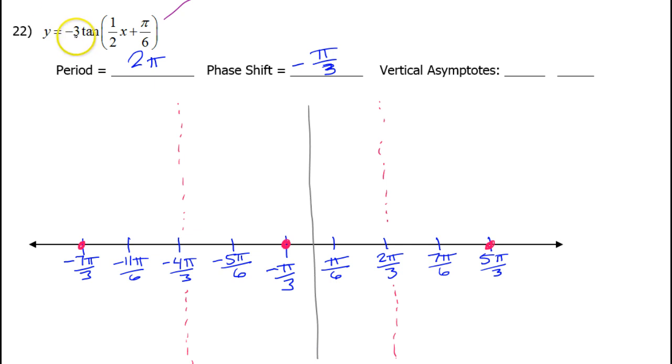Because this a value is negative 3, that tells me I'm going to have an important value up 3 and down 3. I don't have a ton of space here, but this would be negative 3 right here. And in fact, I think I will put a dotted line to show these a values, kind of where they go.